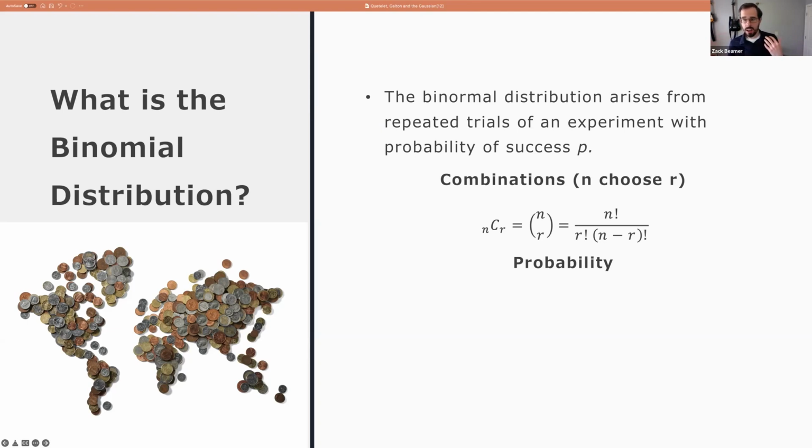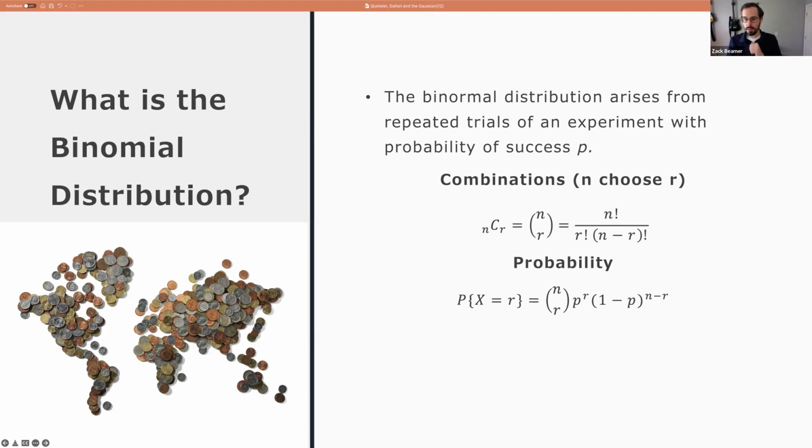And then we can add a second element to this, which is if we're thinking of this in terms of the context of some probability, we've got a probability of success P. So we want to have R successes, and that means the rest of them are going to be failures. Well, there's a nice little formula for this, so we can parse it with our fancy math notation here. The probability that we get a discrete random variable, the number of successes, matching a certain value, can be found by taking this combinations here, getting R successes.